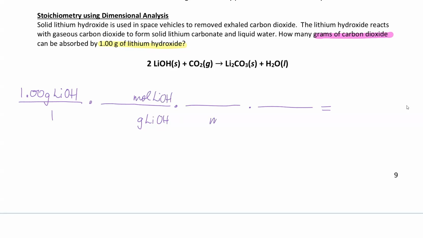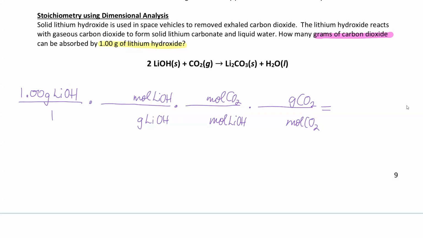I want to cancel moles of lithium hydroxide and convert to moles of CO2. And then I'll convert moles of CO2 into grams of CO2. This is just always how I do it. For dimensional analysis, I like all the units first and then put the numbers in the right spots. Do you have to do it that way? No, I don't care, as long as you do it right.